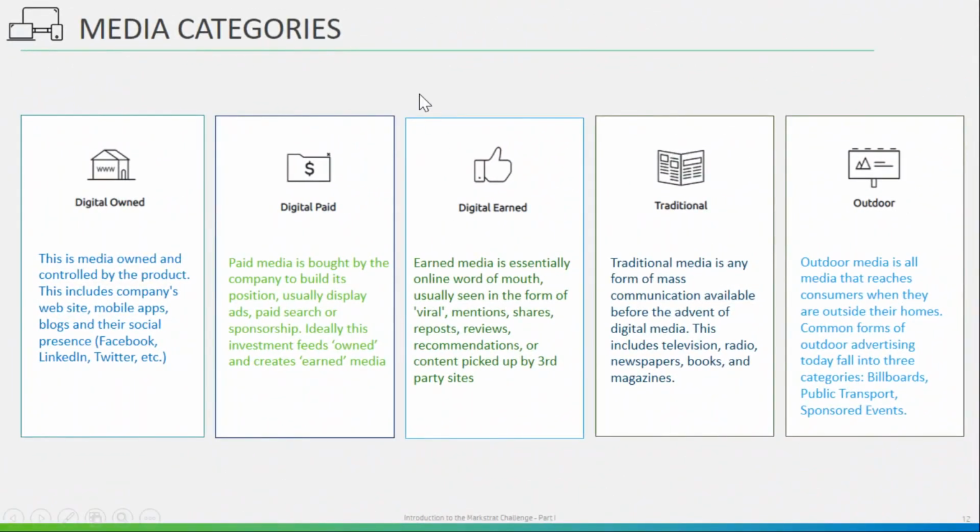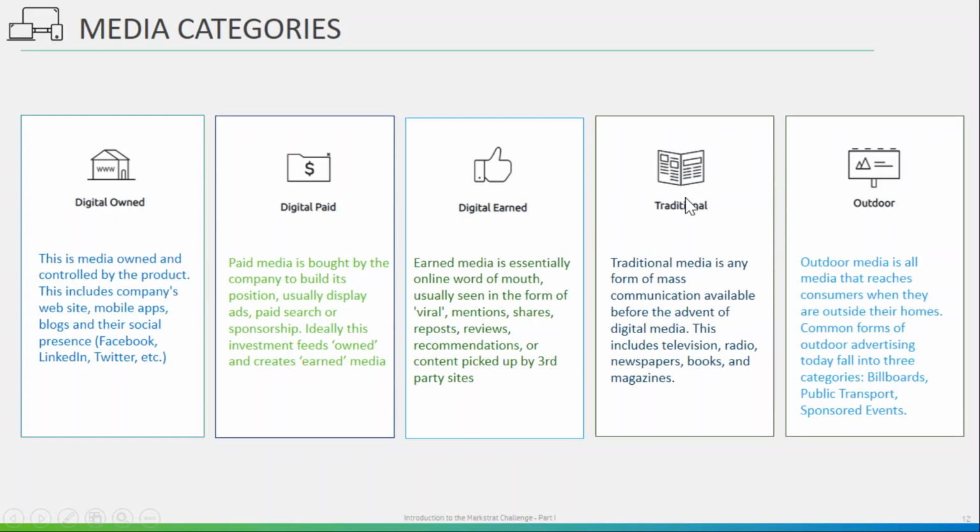Okay, media in which you can promote your products. Digital owned, which basically means your website, your apps, things like that, your social media presence. Digital paid, which is just basically you're buying ads online. Digital earned has to do with word of mouth, what other people are saying about you.